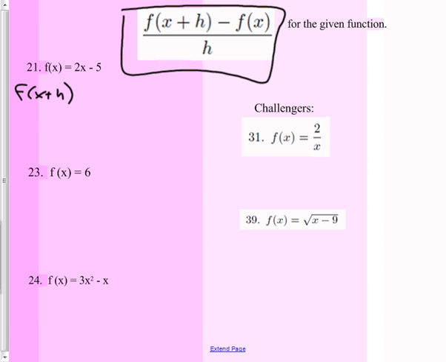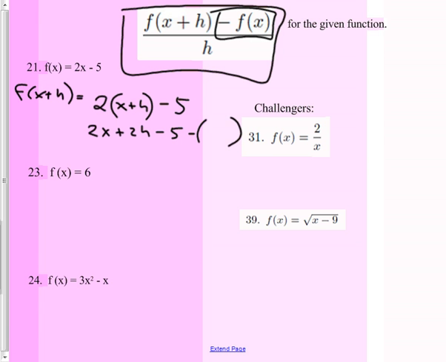So let's figure out f of x plus h on this one. It's 2 empty spot minus 5. What do I drop in again? x plus h. So then it simplifies down to 2x plus 2h minus 5. So that's f of x plus h. Now I got to subtract f of x minus parentheses.